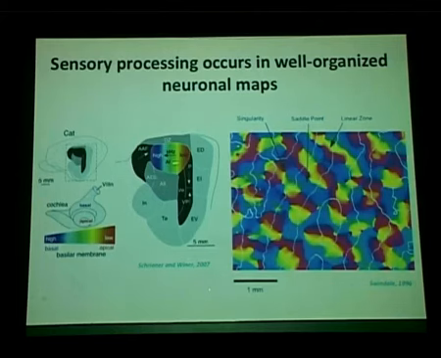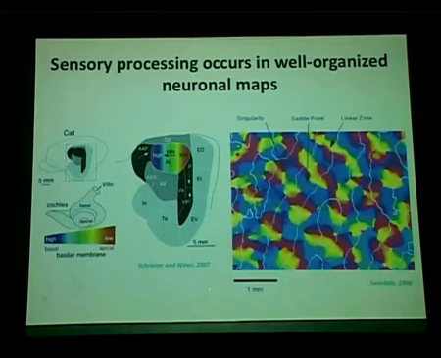Like this one over here, where different neurons respond to different frequencies: at this end, neurons respond to lower frequencies, and at this end, neurons respond to higher frequencies. So this is what we call a map in neuronal jargon.